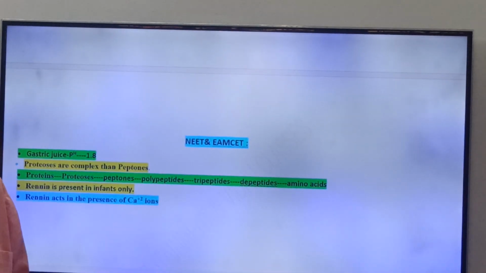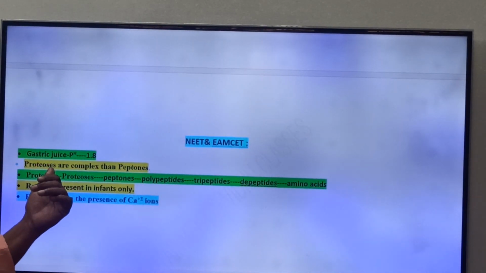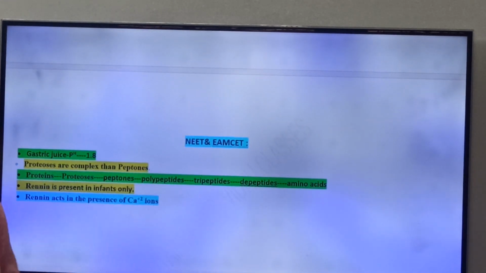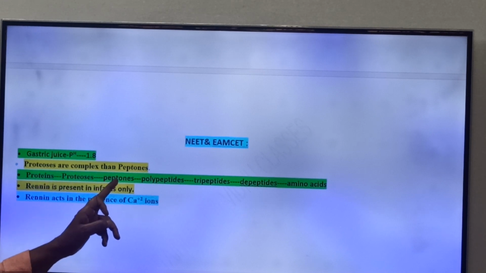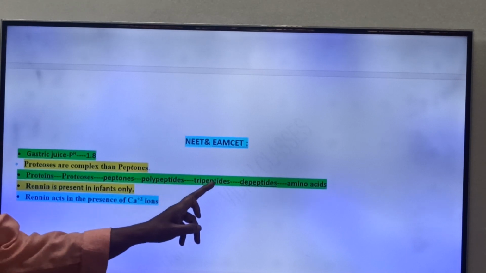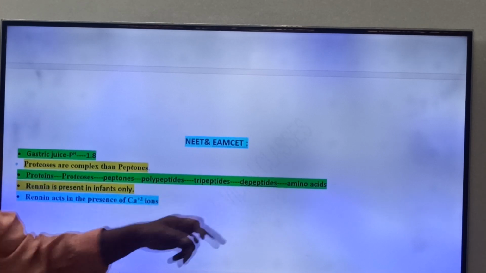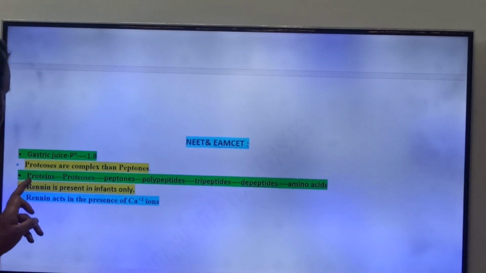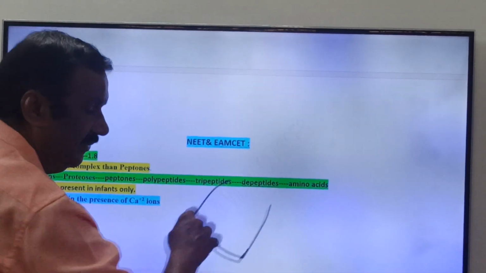During digestion of proteins, proteoses and peptones are the products. The sequence is proteins, proteoses, peptones, polypeptides, tripeptides, dipeptides and amino acids. From right to left it is more complex; from left to right it is simpler.